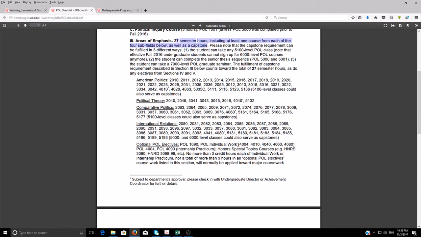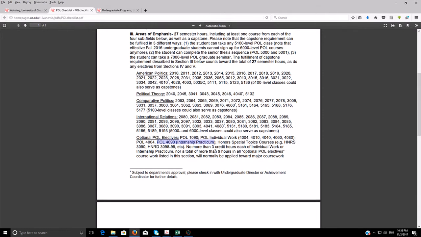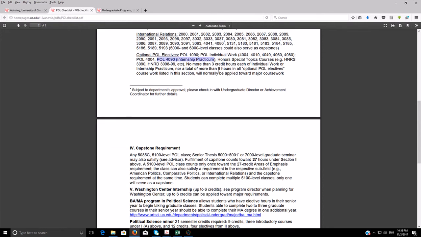There is also individual work, as well as the Political Science 4090 Internship Practicum course, which among other things will also fulfill the required experiential learning and internship requirement for the College of Arts and Sciences. The Washington Center coursework also will count here under optional electives.